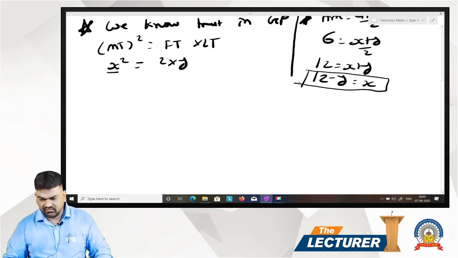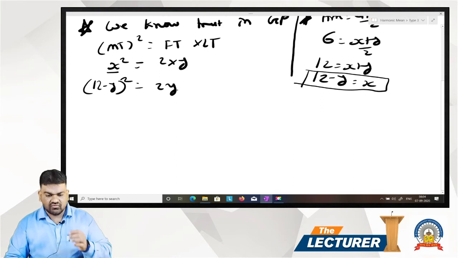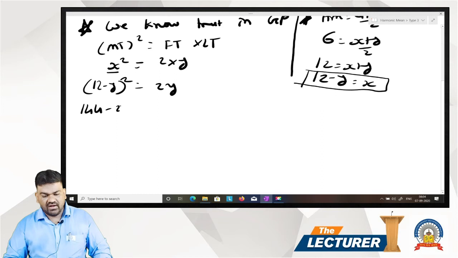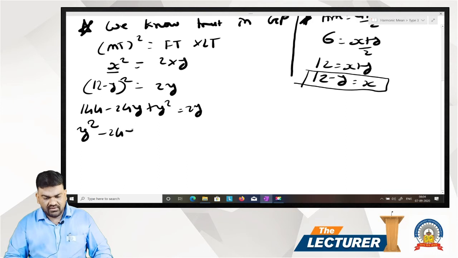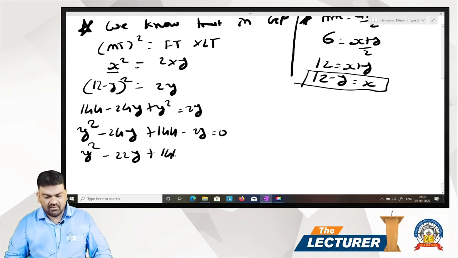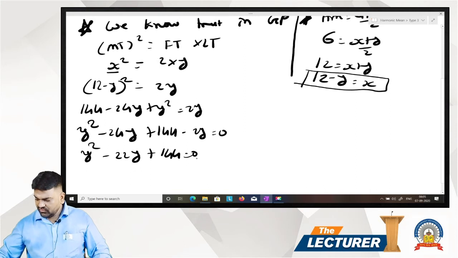Now (12 minus y) whole square is equal to 2y. 12 square is 144, minus 12 multiplied by 2, 24y, plus y square is equal to 2y. y square minus 24y plus 144 minus 2y is equal to 0. y square minus 22y plus 144 is equal to 0.